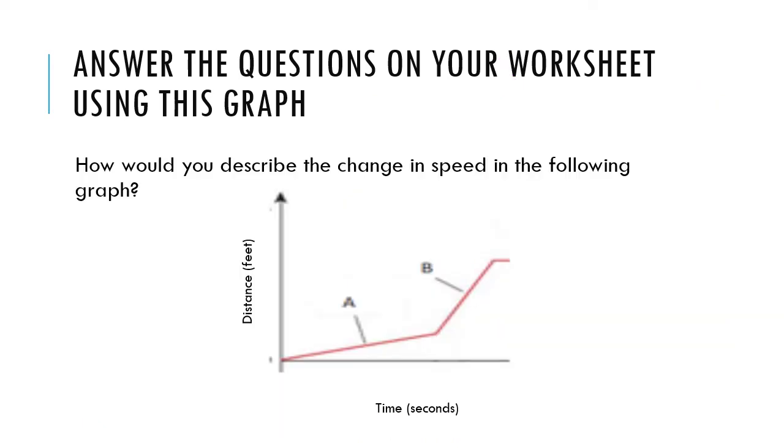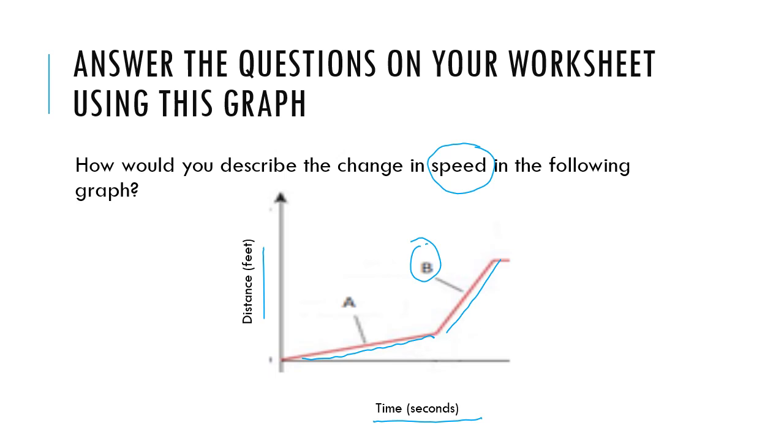Okay, so you're also going to be answering this question in your handout. How would you describe the change in speed in the following graph? So we want to notice what's happening to the speed. So we look at time versus our distance. As time is passing, our distance is increasing in segment A. Then you notice, are we increasing our distance more quickly or more slowly in segment B?